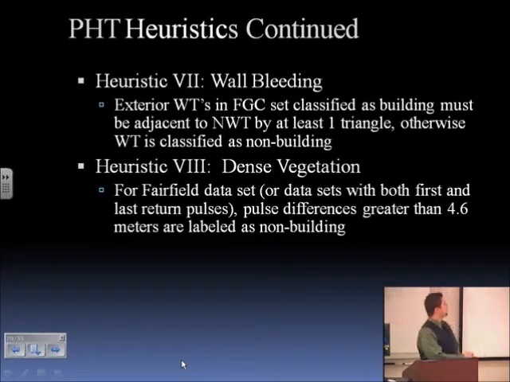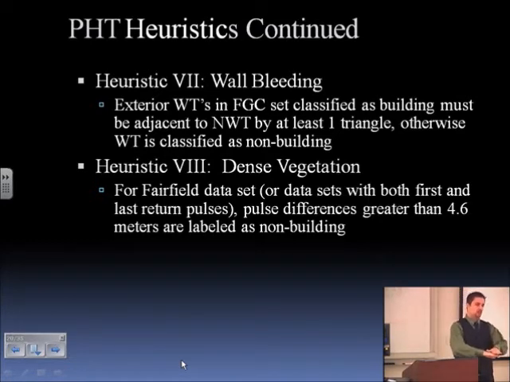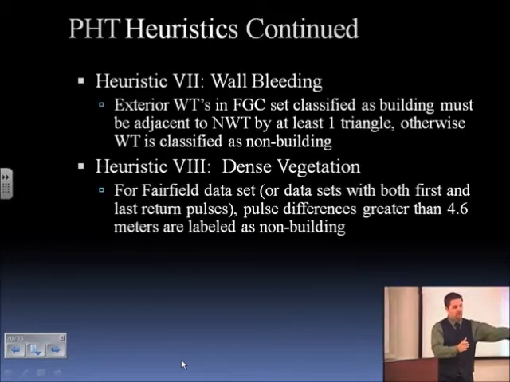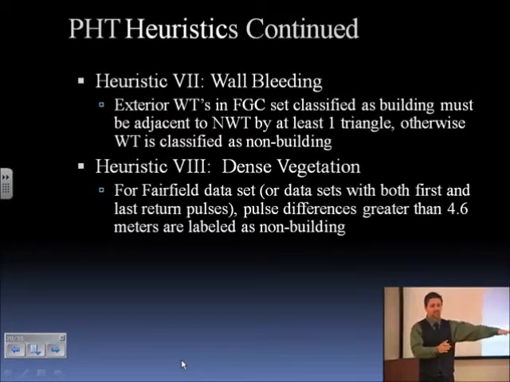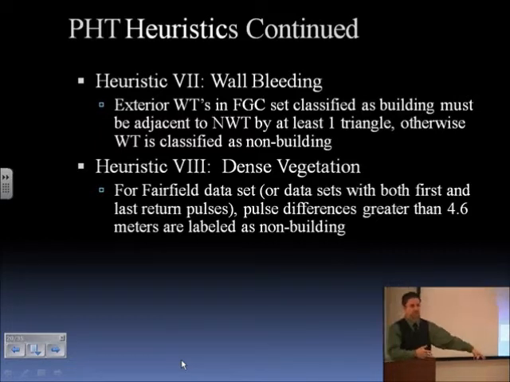So we implement the assumption that if you are a wall belonging to a building, then the triangle in that wall has to be immediately adjacent to the building's roof. So if you have a building's roof with a non-wall connected set, and a wall connected set encompassing the side of the building, but then you have a wall connected set that bleeds all the way out with no non-wall connected set triangles adjacent to it, chances are those are trees next to a building. And we use this assumption to eliminate that.